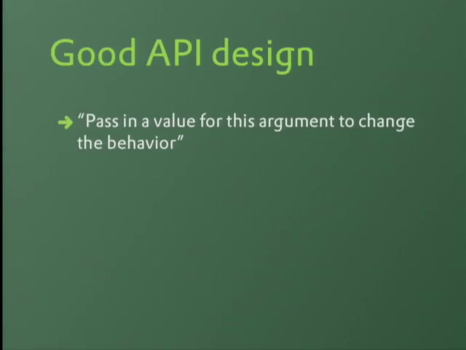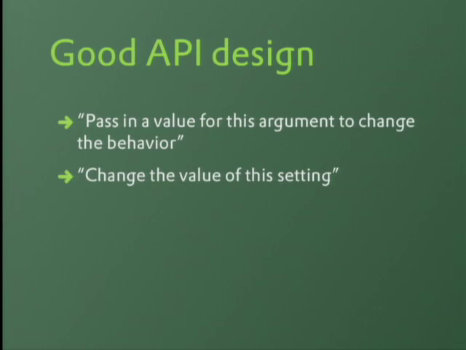So I'm just going to go over a couple of examples, things that I've run into, real-world applications, real-world sites I've worked with. I'm not going to name any names. Probably my favorite API ever is: pass a value for this argument, and it changes. I will point out Django does this all over the place in some of its built-in views. Another good example is: change the value of this setting, and you change the behavior of the application. Satchmo, when we were talking about that a little while ago, does this, and has a lot of custom settings.